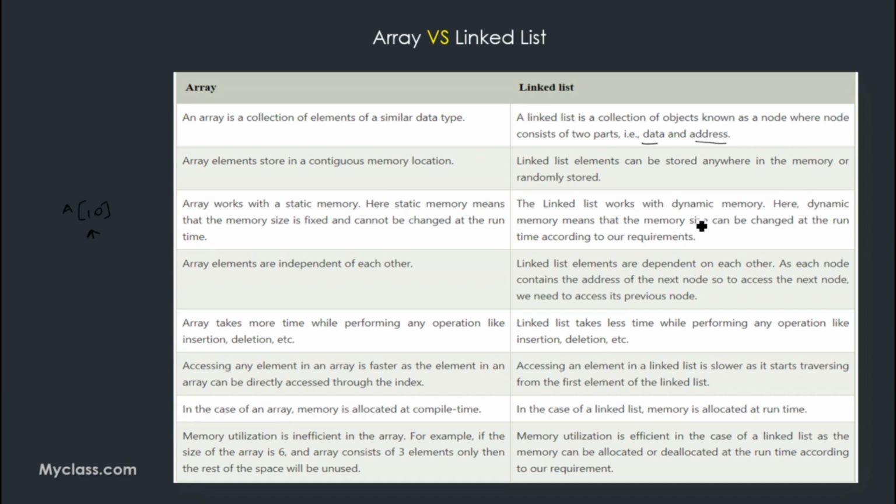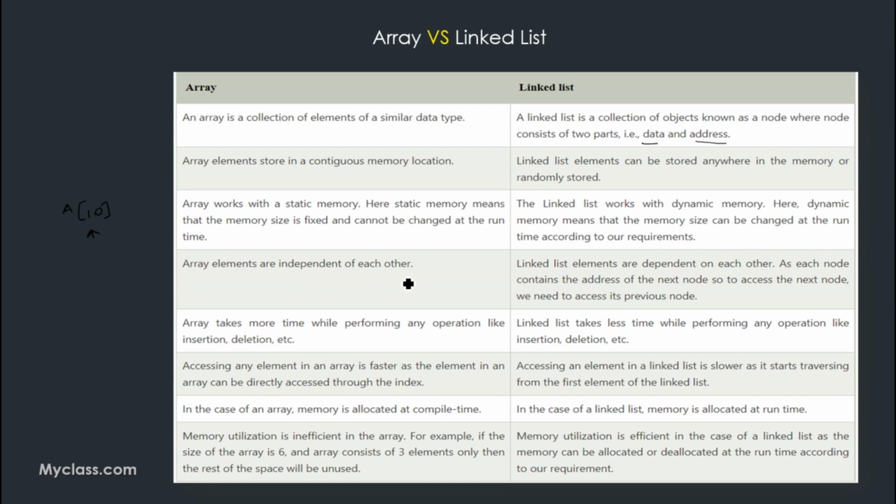But the linked list works with dynamic memory, because we first only create the structure of each node, and at the time of running we are dynamically creating memory for each node. Okay. So dynamic memory means that the memory size can be changed at runtime according to our requirement.